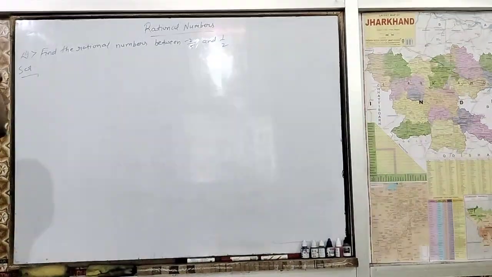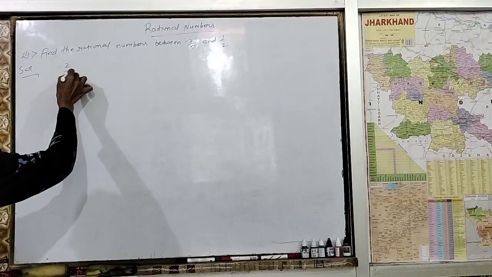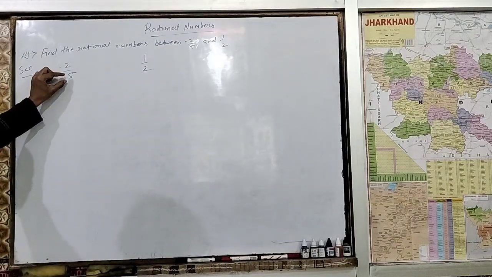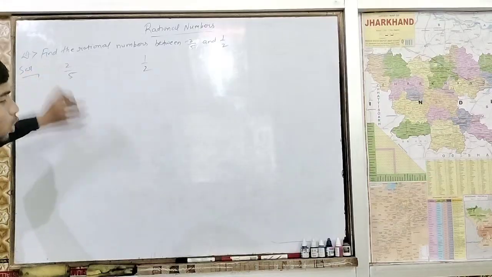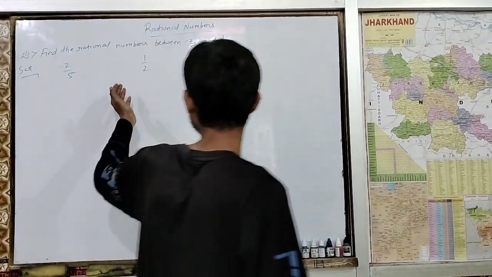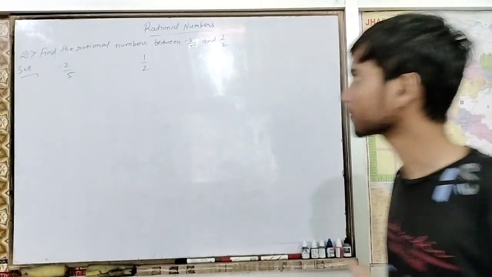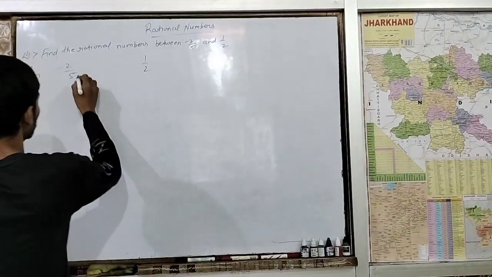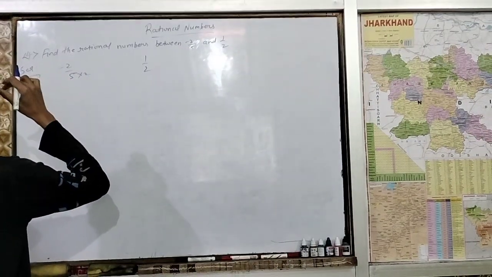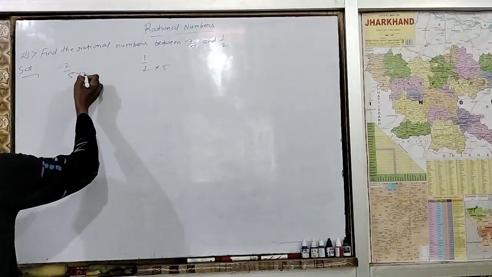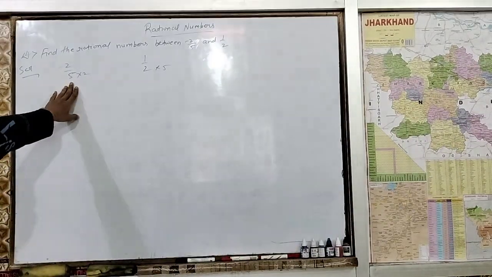So one thing that can be done is this: minus 2 upon 5 and 1 upon 2. To convert these, the denominators should be equal. Can we say that here we multiply by 2 and here we multiply by 5?